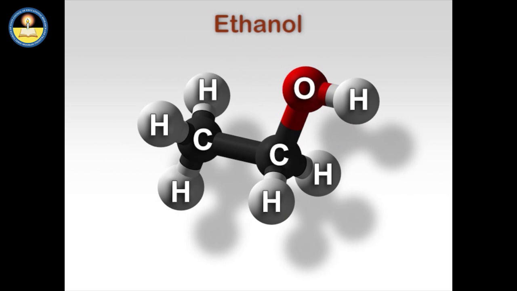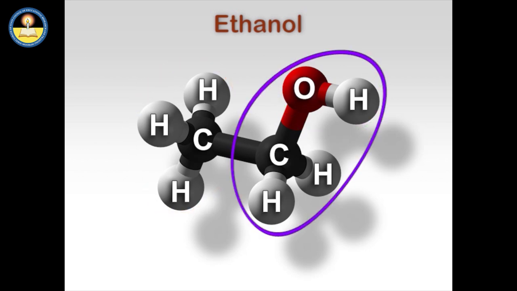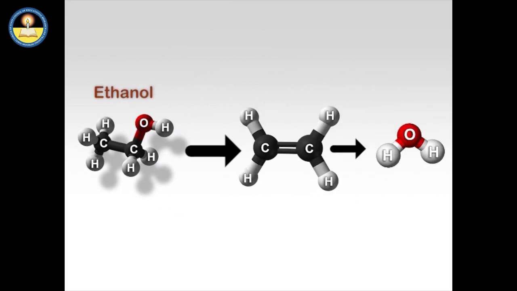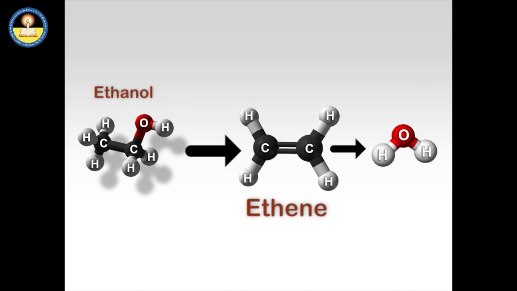During dehydration of the ethanol molecule, H from the CH3 group and OH from the CH2OH group are removed in the form of a water molecule, resulting in the formation of the ethene molecule, that is CH2=CH2.